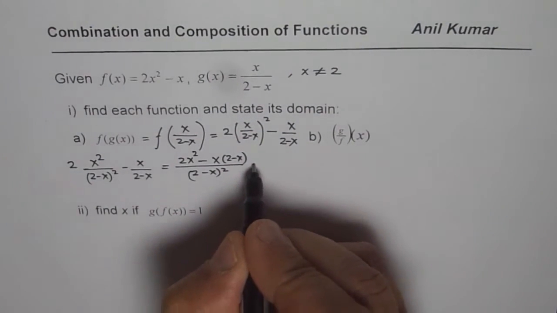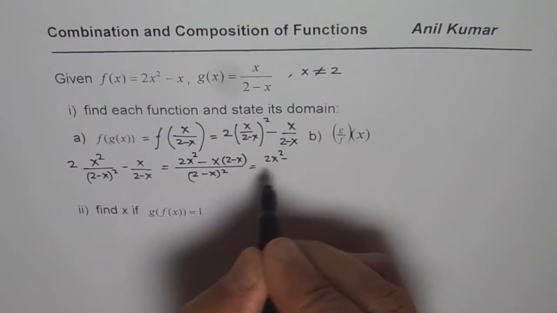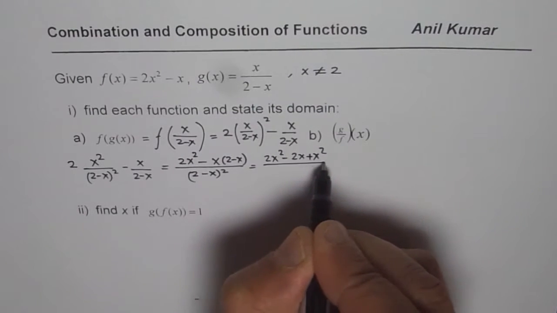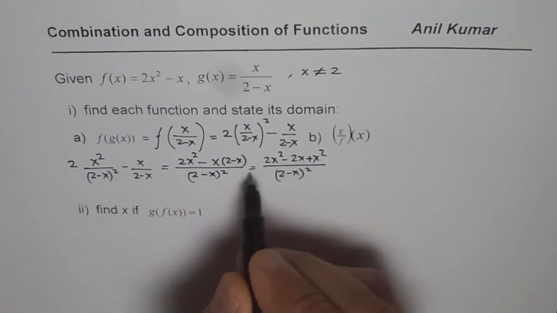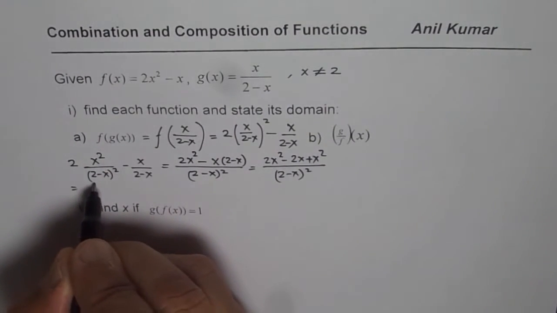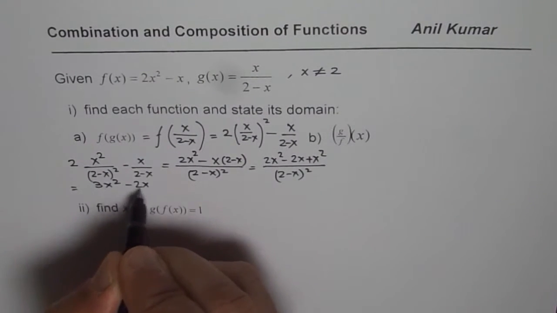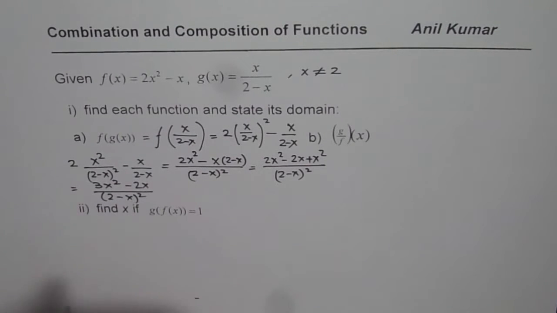So that gives us 2x squared minus 2x plus x squared divided by 2 minus x whole square. Well, we can combine them. 2x squared plus x squared is 3x squared. So this is equal to 3x squared minus 2x over 2 minus x whole square, right?